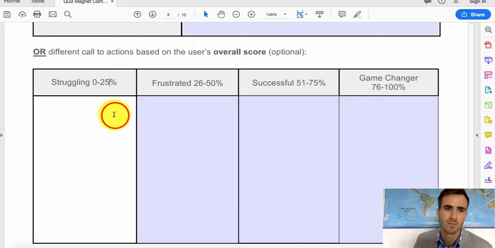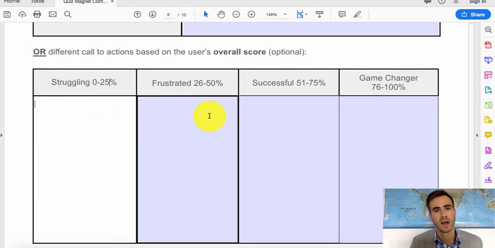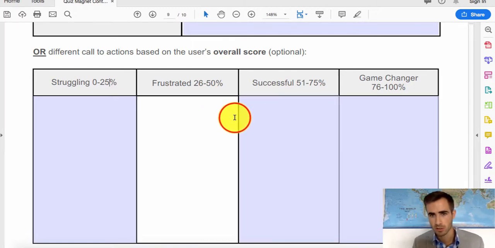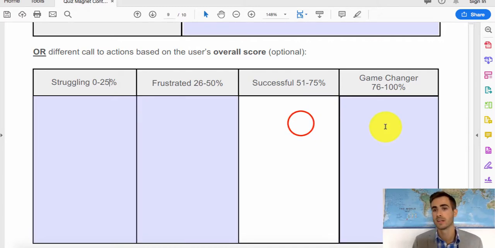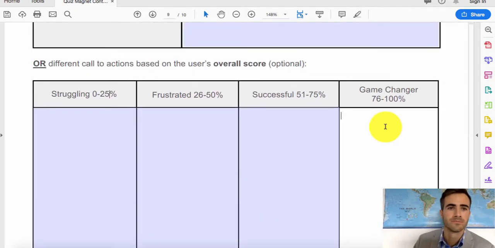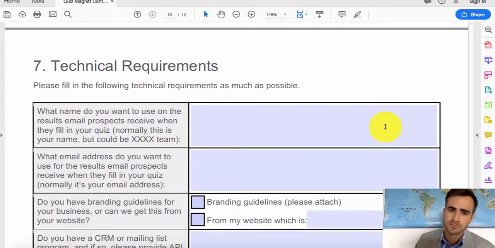So for example, some clients might be really too far gone for you to work with, so you might send them through to an online resource or an online course that you might have. Or people who are frustrated or at the beginning parts of successful, etc. These might be the ones that you want to talk to and have a call with and spend your time with a bit longer. And then these people, game changers, maybe these are the ones who you ultimately want to interview and get their insights, whatever it might be. It can be literally anything. So that's your call to actions.